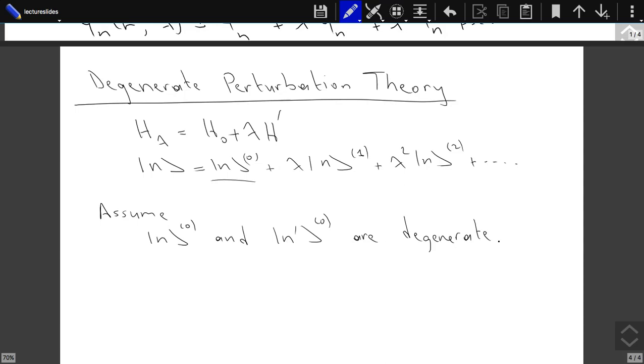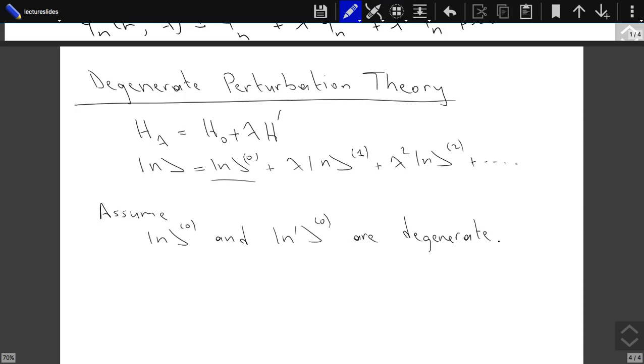But then, in fact, we have infinitely many states that have the same energy. So assuming we find the solution of the perturbed system, the question is, when we turn off this perturbation, which state does that go to? We don't really know a priori.